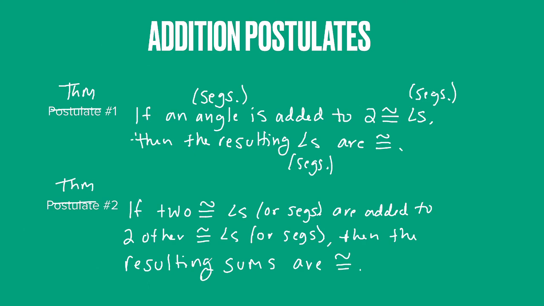If two congruent angles are added with two other congruent angles, then when we put them together, the larger sums are going to be congruent to each other.